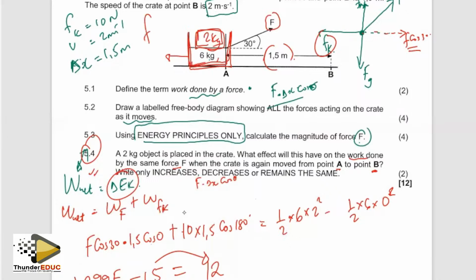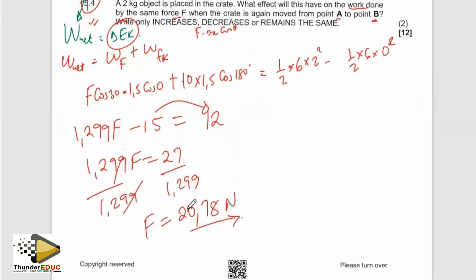Remember, we said frictional force is directly proportional to the normal force. So with 5.4, we're just going to say it increases. The work done must increase.